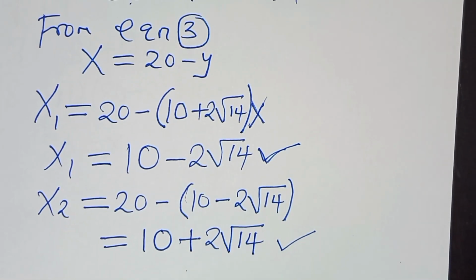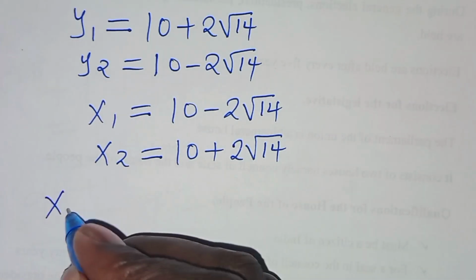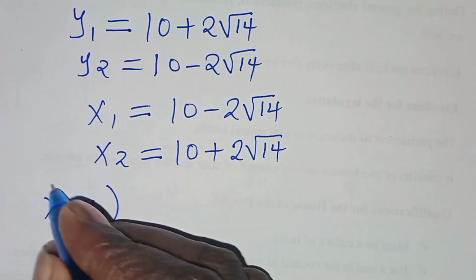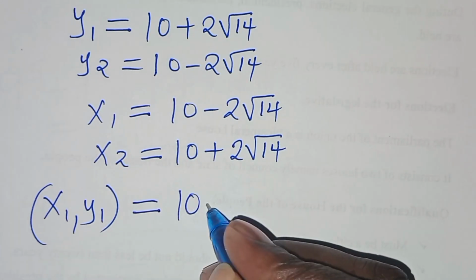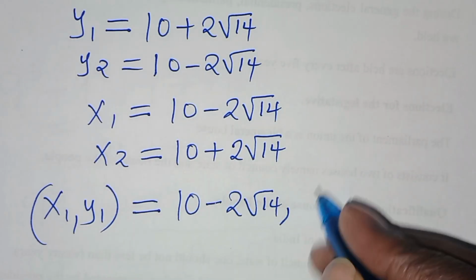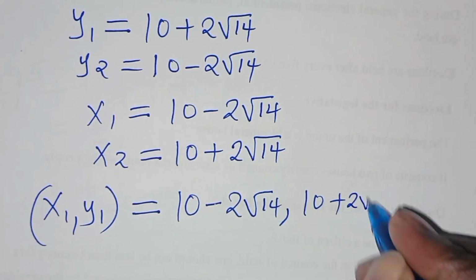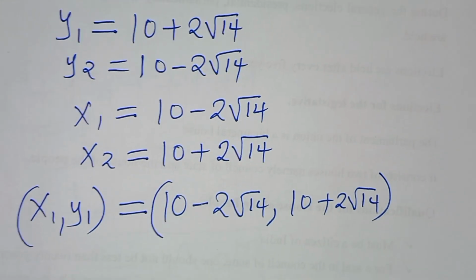So this implies that x1, comma, y1, is the same thing as 10 subtract 2 square root of 14, comma, 10 plus 2 square root of 14. So this is what is x1, y1.